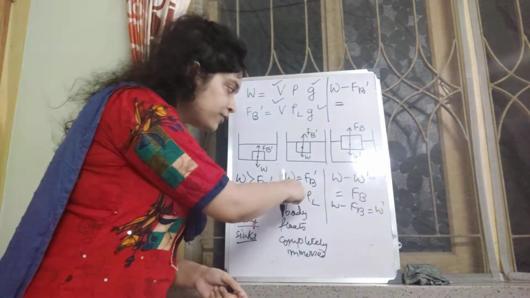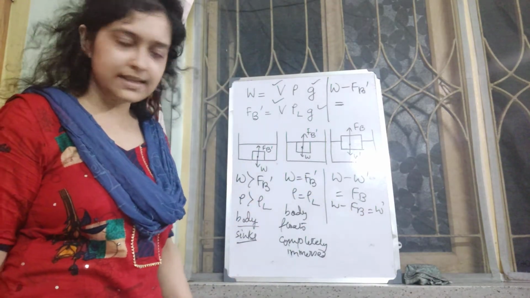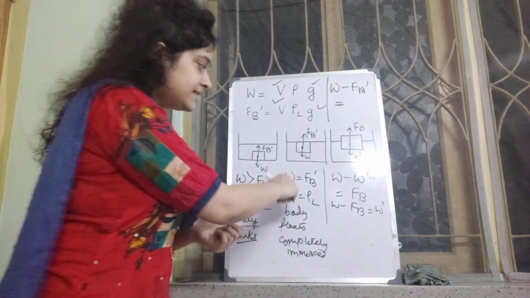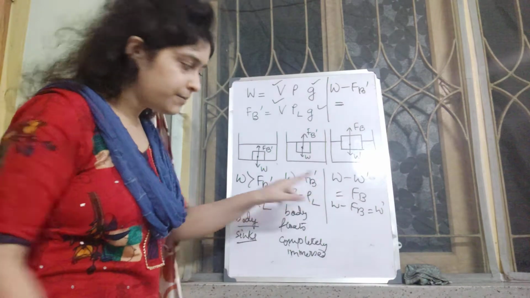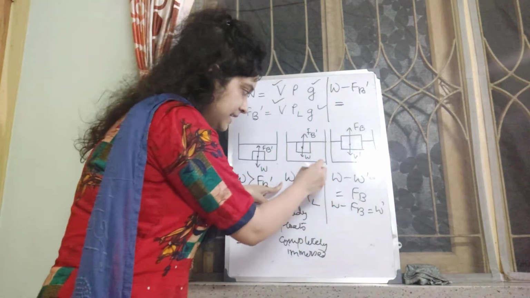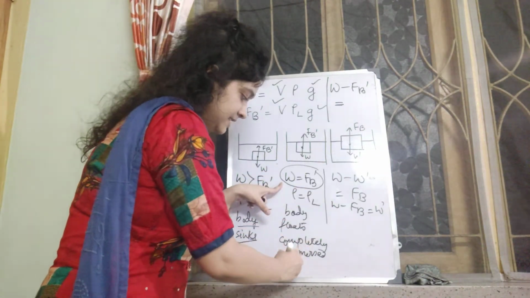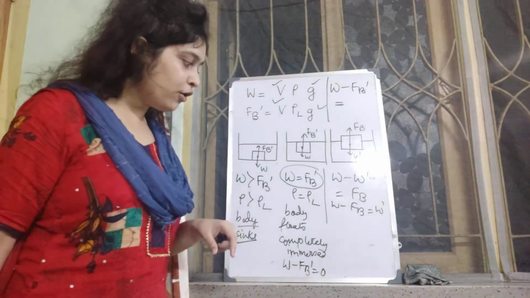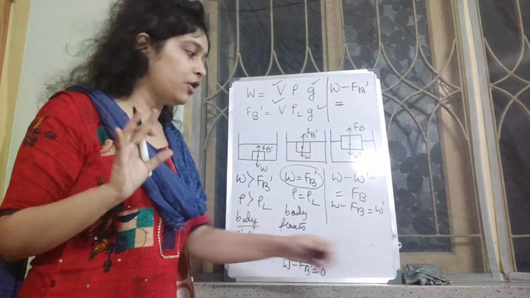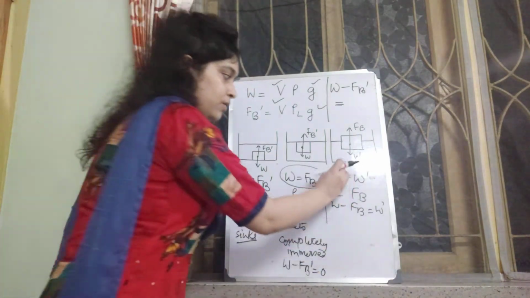What will be the apparent weight of the solid in the liquid in this case? Zero. These two are equal, that means W minus FB dash is 0. See, in this case, we get W minus FB dash equal to 0. Therefore, the apparent weight of the solid in liquid is 0.